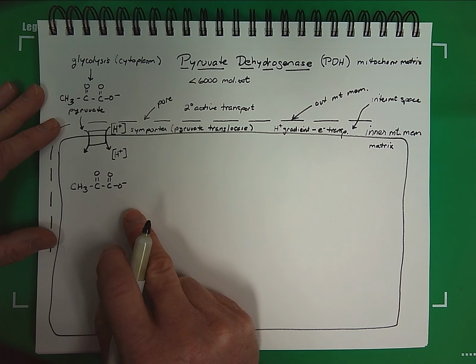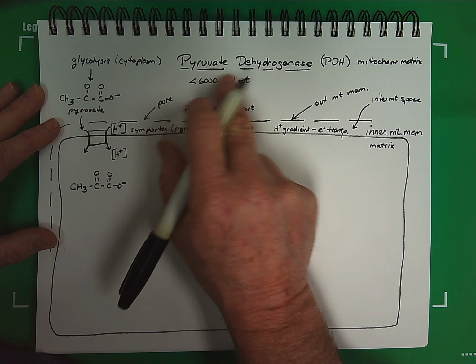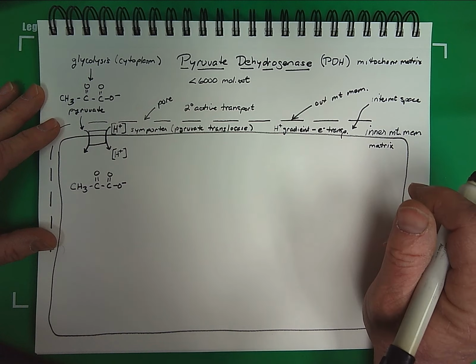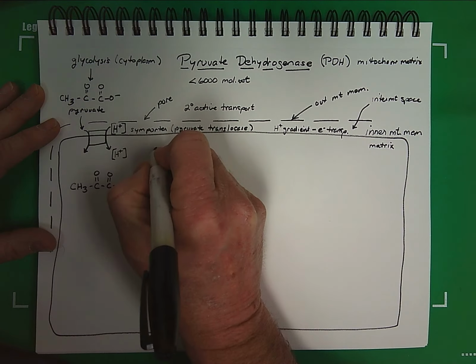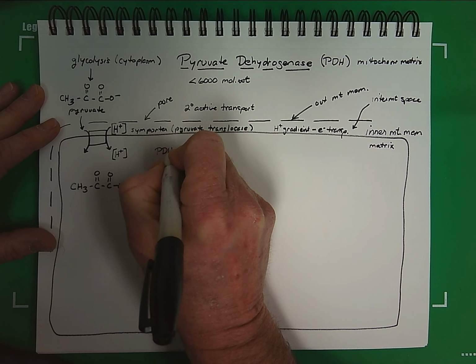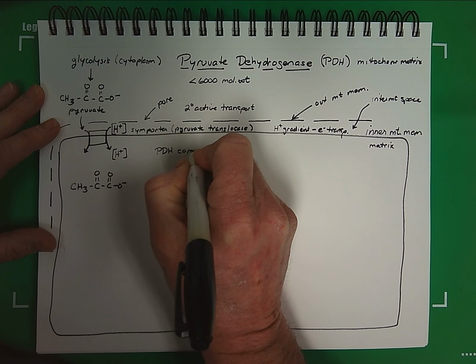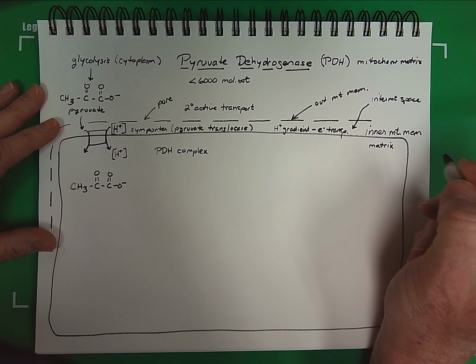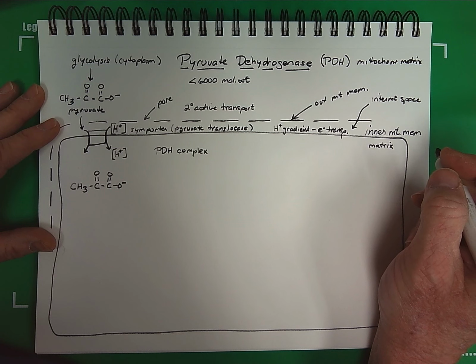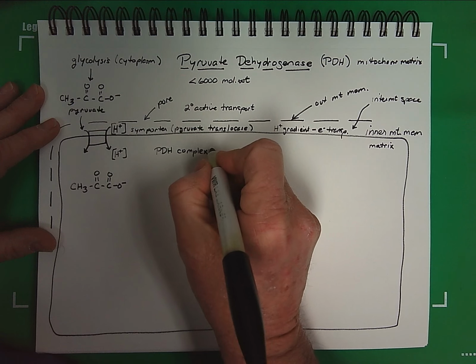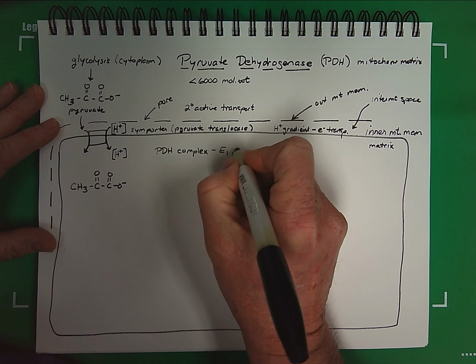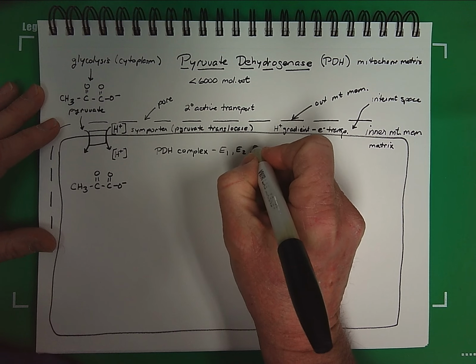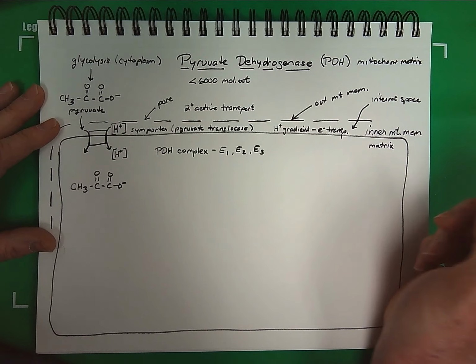So the first step to understand is that the pyruvate dehydrogenase enzyme is not a single enzyme, it is a complex. So PDH is a very large complex of many subunits of enzymes. The primary enzymes are categorized as E1, E2, and E3.